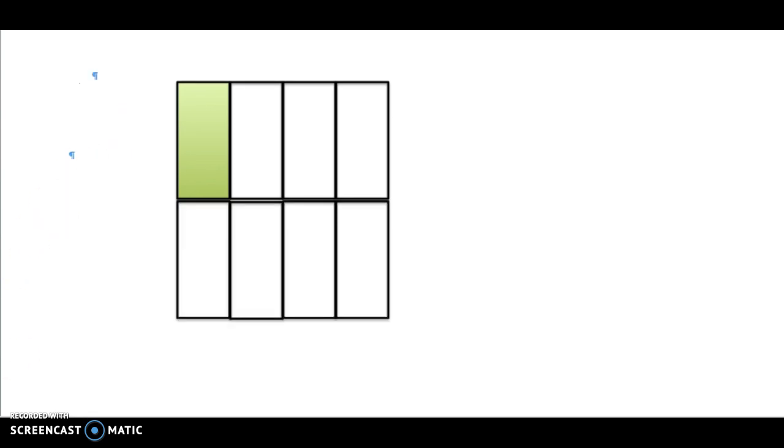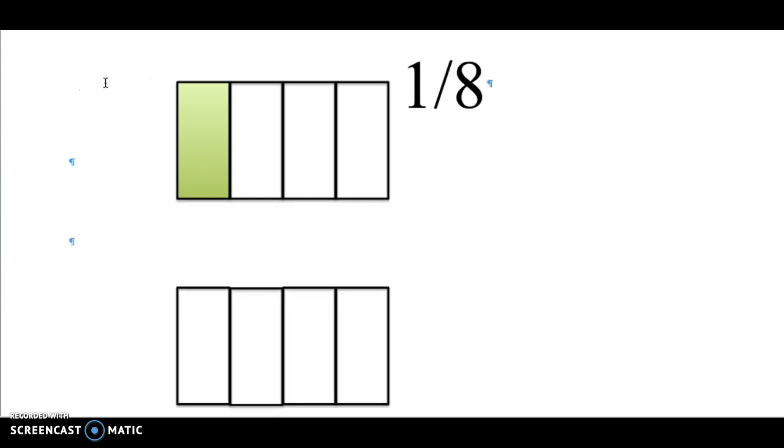Now this diagram has been divided into 8 equal parts. One of the 8 equal parts has been shaded green. The fraction that is shaded is 1/8, as before.